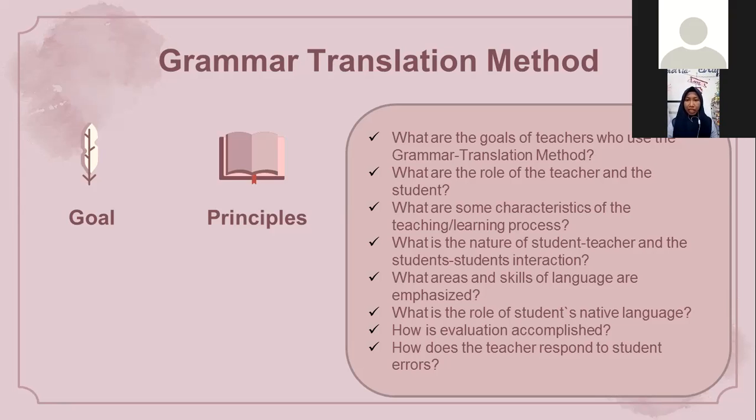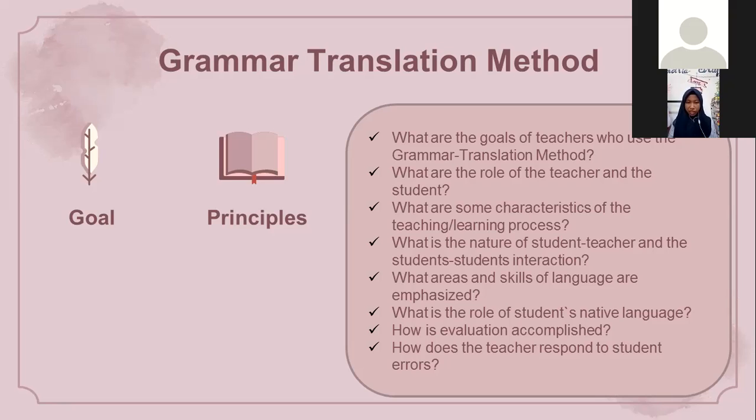And then next, what is the nature of the teacher-student and student-student interactions? In this method, the teacher is more active than the students. The students are less active because sometimes the teacher asks them to do the translating on their own, individually, not in groups.